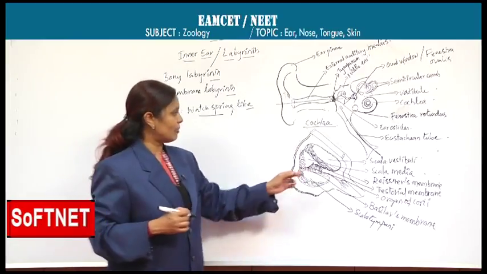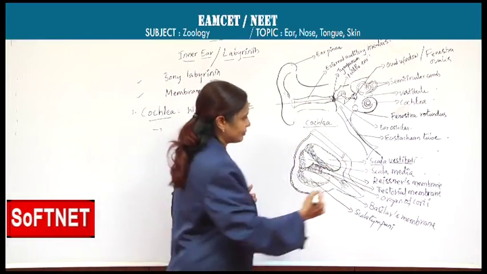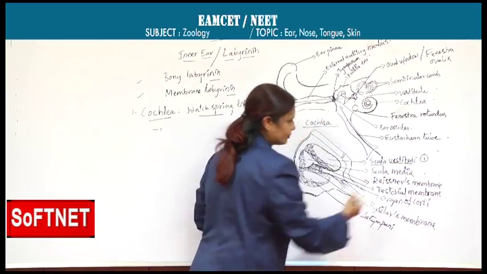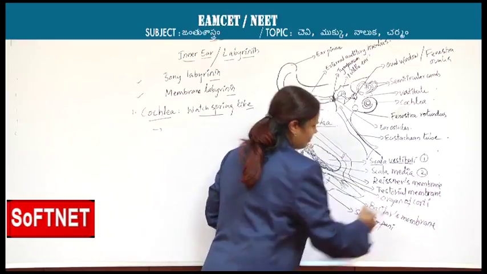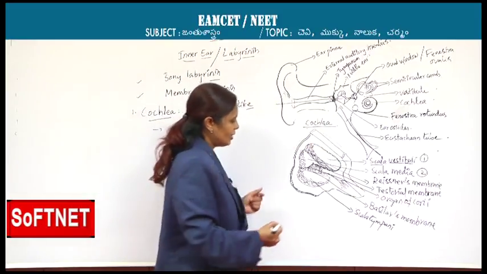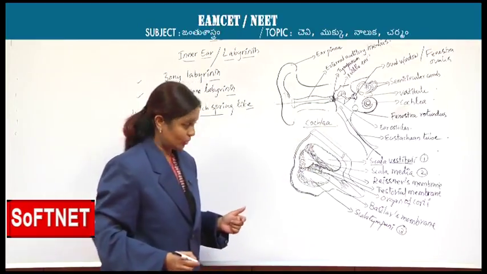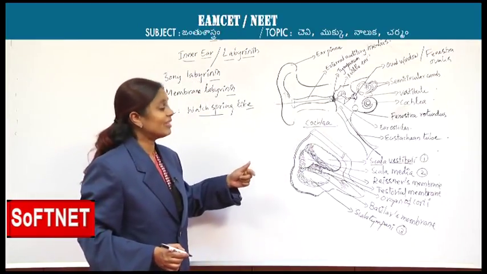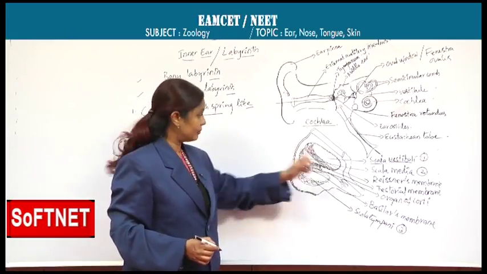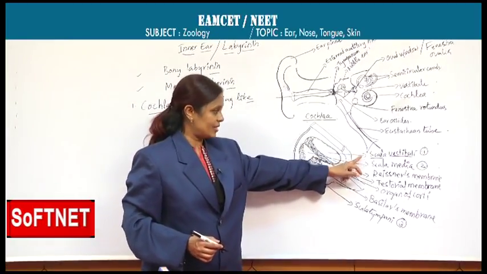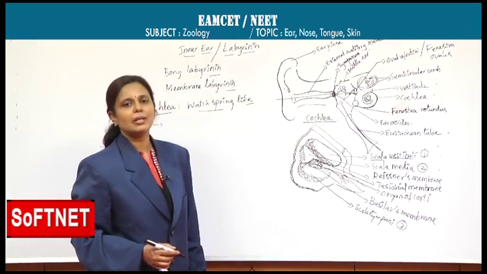Number one, it is Scala vestibuli, number two, it is Scala media, and number three, it is Scala tympani. So, the three tubes present inside the cochlea are Scala vestibuli, Scala media, and Scala tympani.